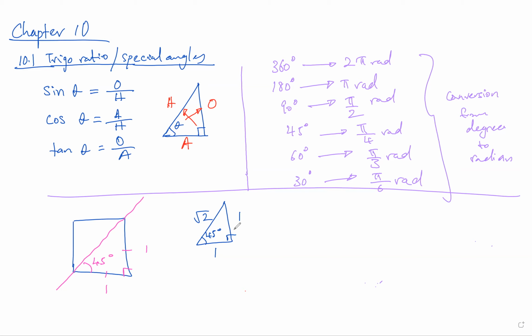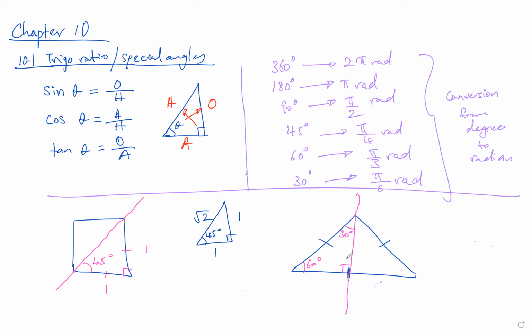Now, another special one is your equilateral triangle. All the three sides are the same. I will cut this into half again. When I cut this into half, this will become 30 degrees. This one will become 60 because it's equilateral, all 60.